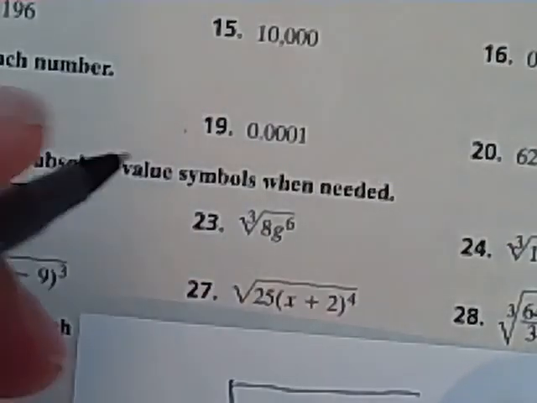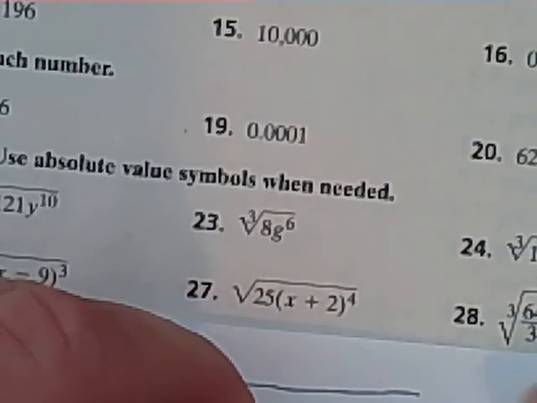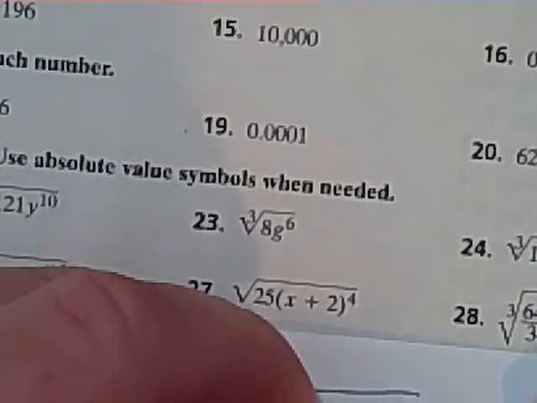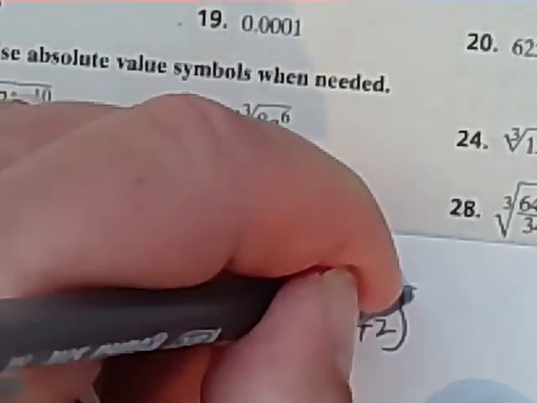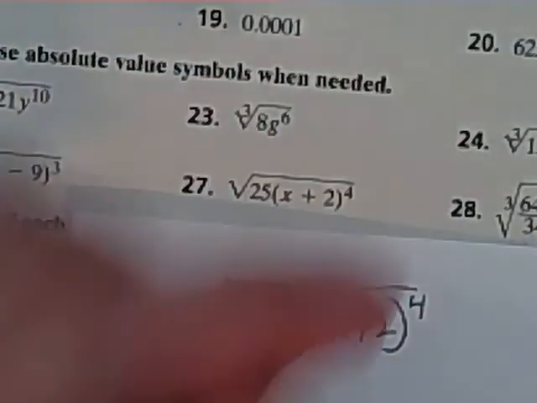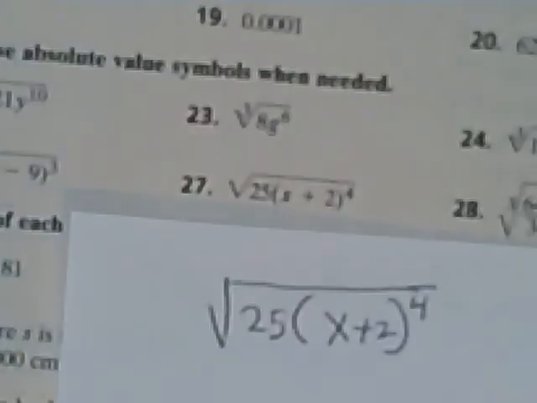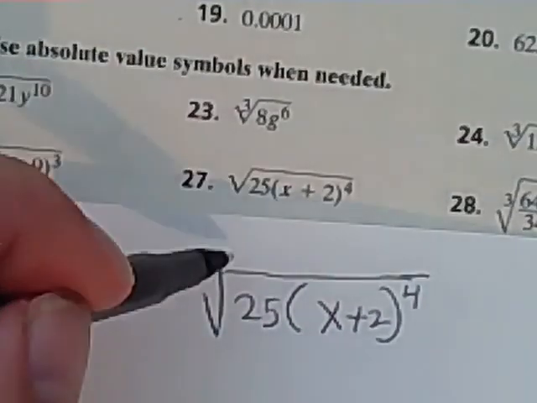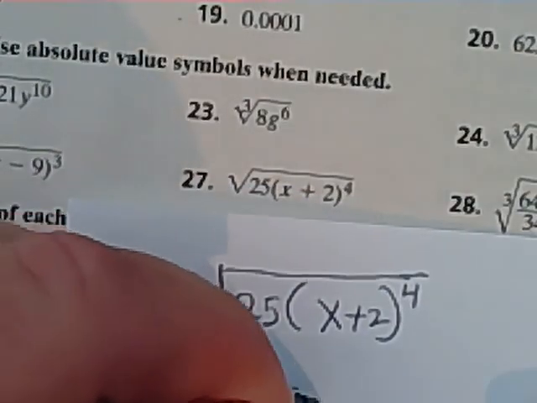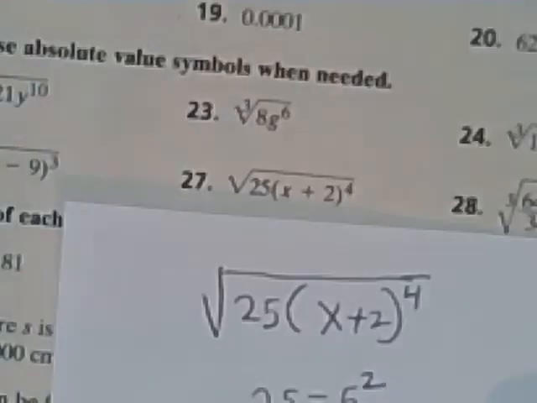simplify the square root of 25 times, open parentheses, x plus 2, close parentheses, raised to the 4th power, all underneath the square root symbol, the radical sign. All right, here we go. 25 is 5 squared.